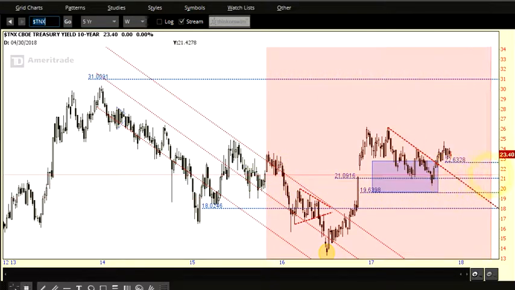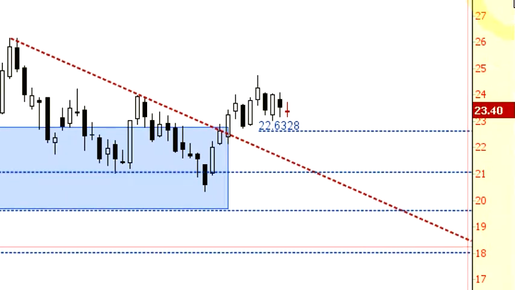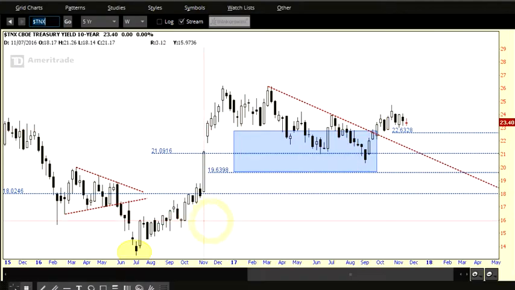The 10-year Treasury, which is probably the most important interest rate that there is, could pull back into here. And then we should see a really dramatic move. Something that looks similar to this right in here.